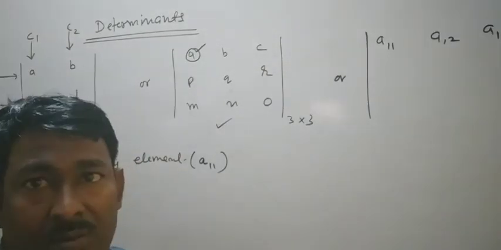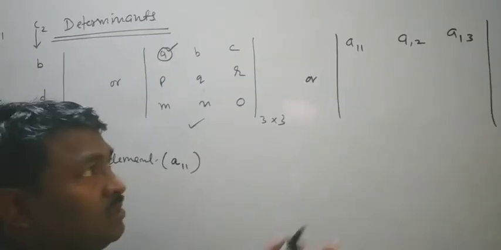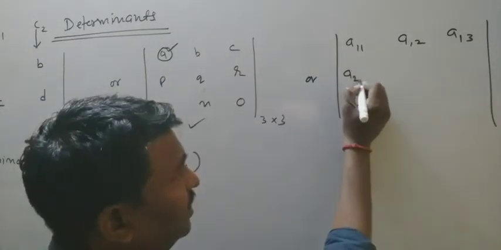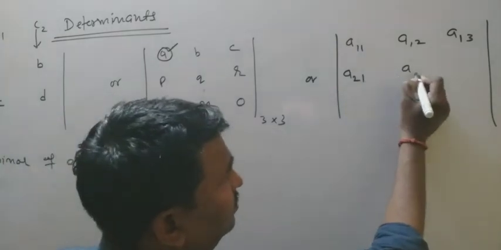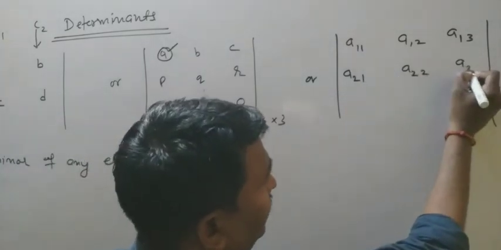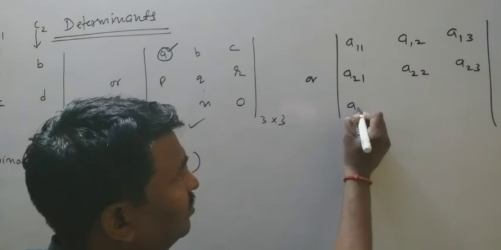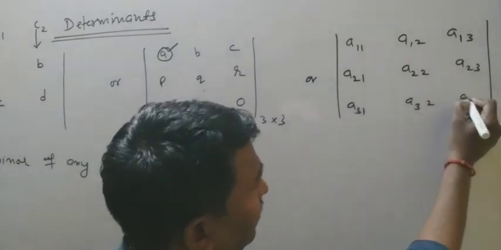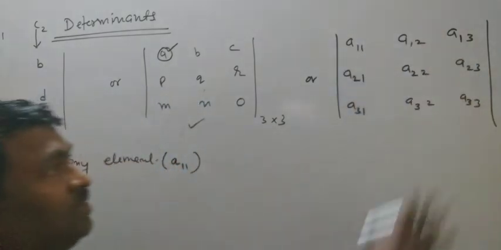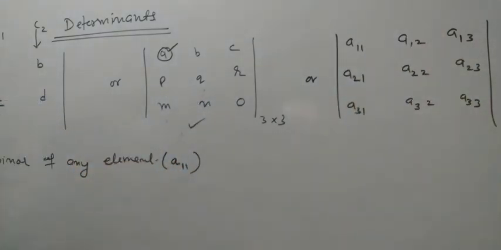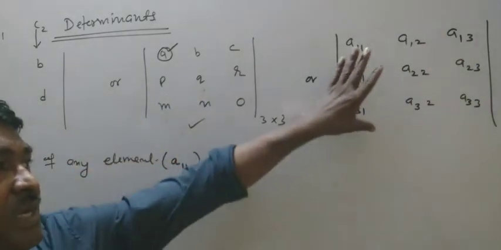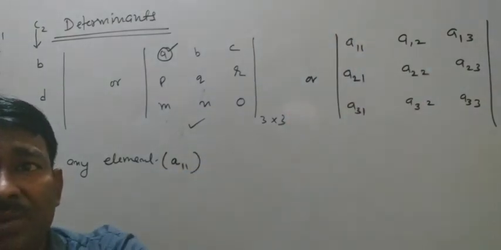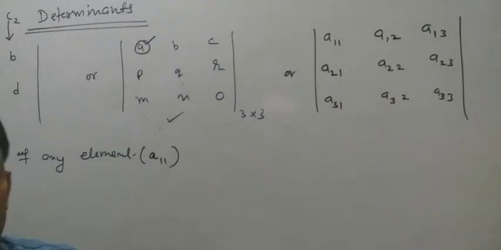Is it clear? See please. So this is second row, first column, second row, second column, second row, third column. Here third row, first column, third row, second column, and third row, third column. In this way also you can state the position of the elements which are given in the determinant. Is it clear to everyone?